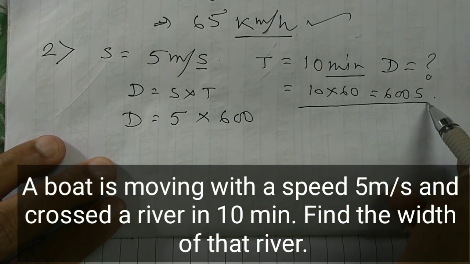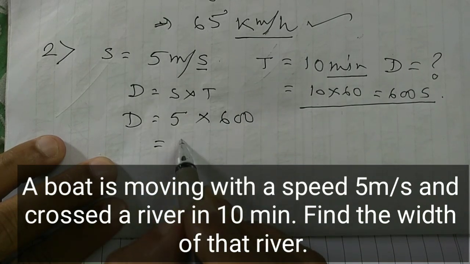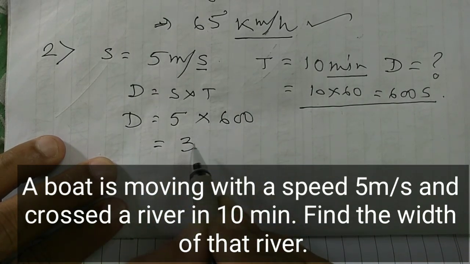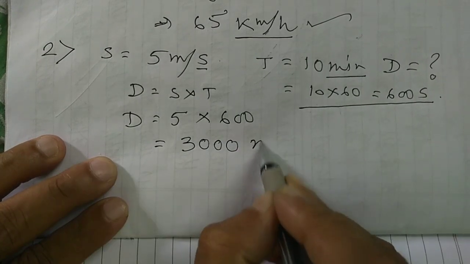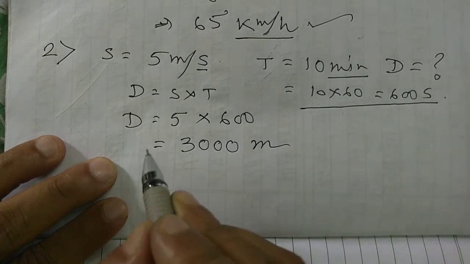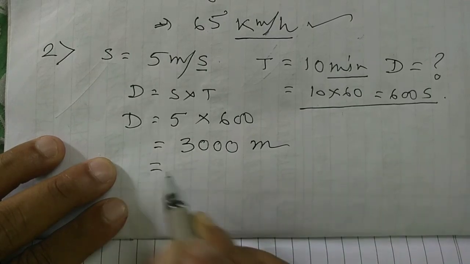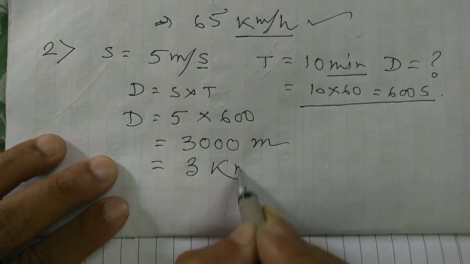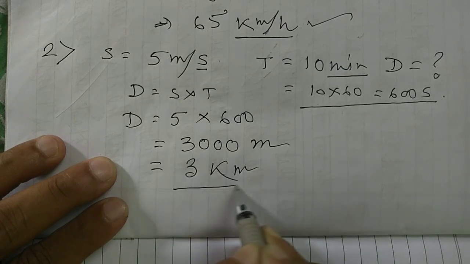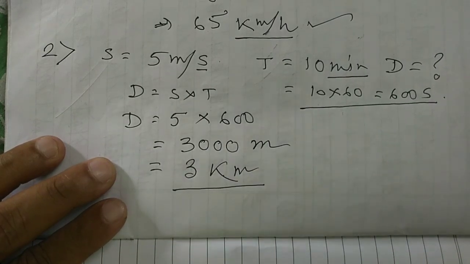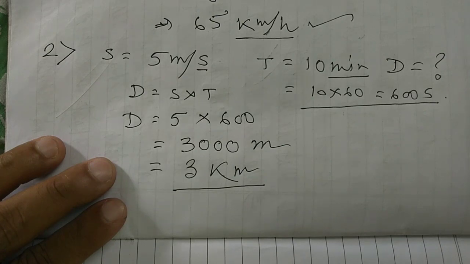This is very important. So 5 into 600 is 3000 meter. Or you can write 3000 meter means 3 kilometer, because 1 kilometer means 1000 meters. Correct? Let us move to our question number 3.